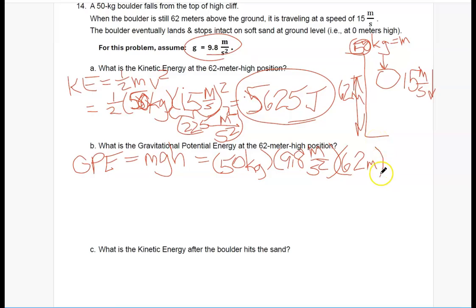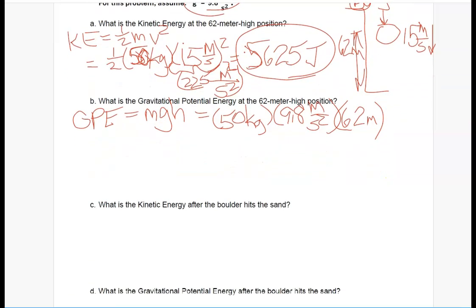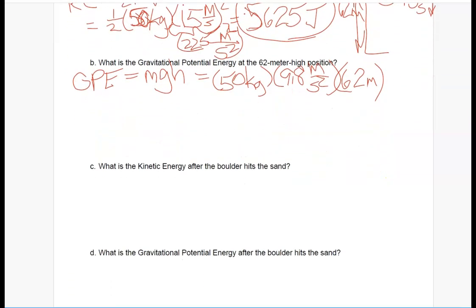And we literally just multiply those out. We multiply those out to get a value of 30,380.